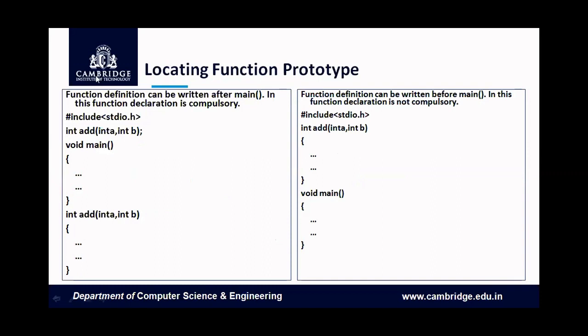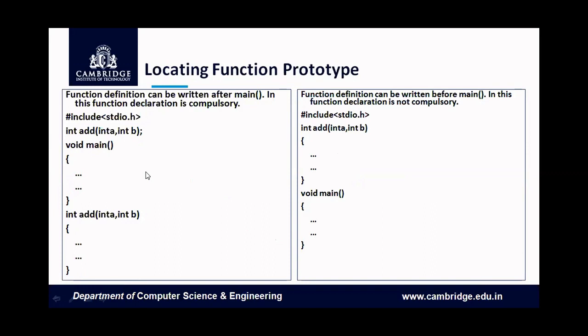One is like this. If I'm writing the main function first, first I'll write a main function, then I'll make a call for the function, then I write the function definition.